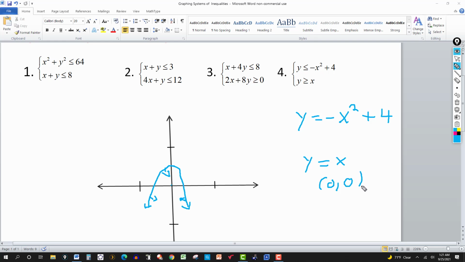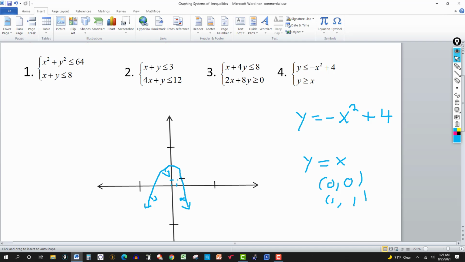y equal to 0, x equal to 1, y equal to 1. So I can just use those 2 points and say, okay, this one passes through that point, and it passes through the point 1 and 1. So I would draw that line. So it would go something like this.